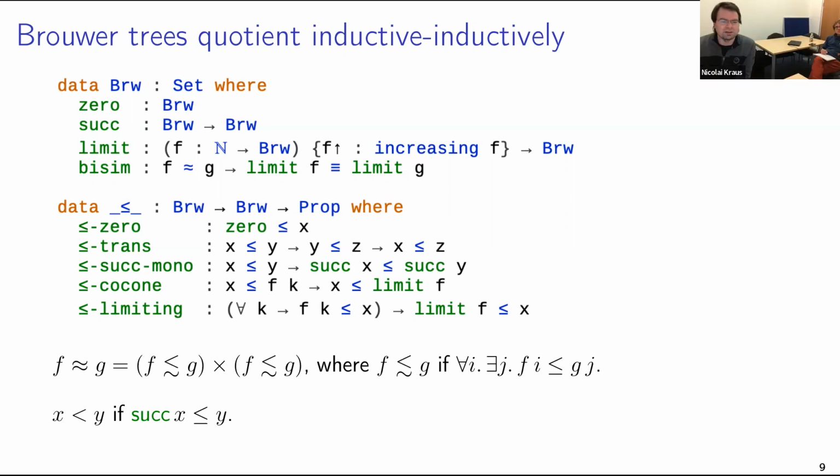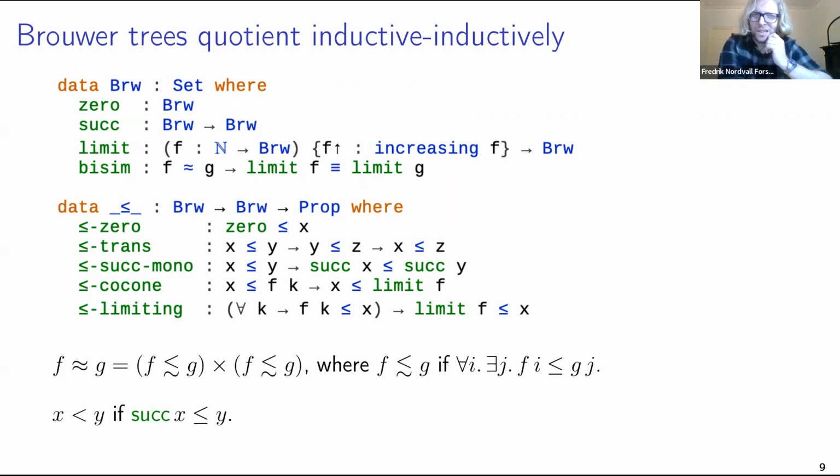So just a remark on the previous question, whether this map from Cantor normal forms to Brouwer trees is a simulation. I don't think it is, because if you have a Brouwer tree and you know that it's relatively small, say below epsilon 0, you cannot find a Cantor normal form which would get mapped to that.